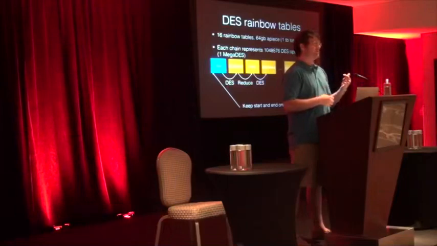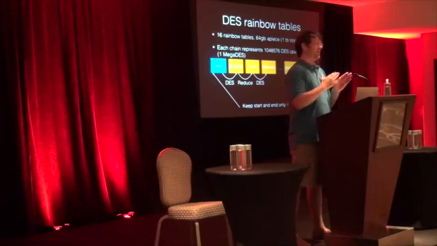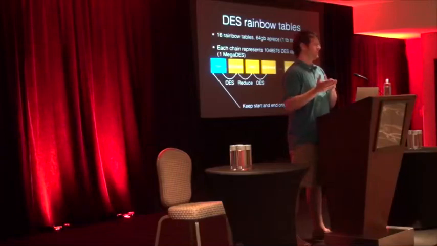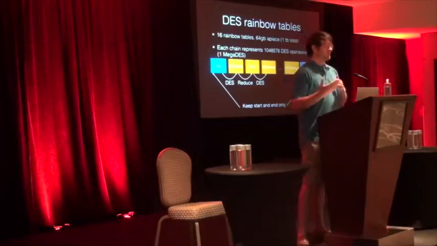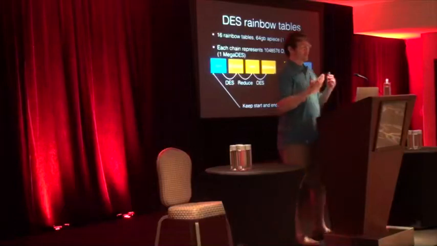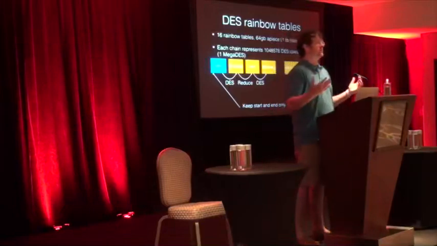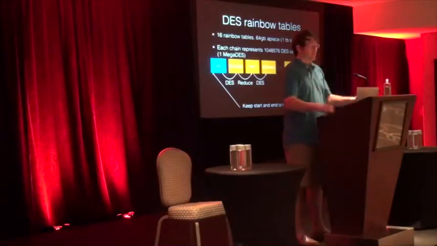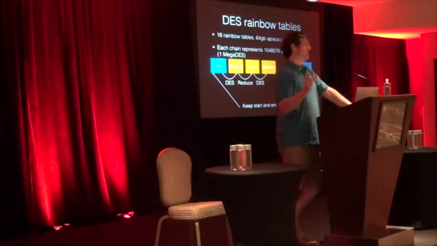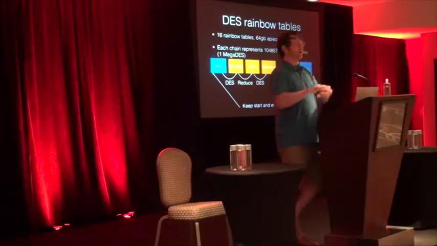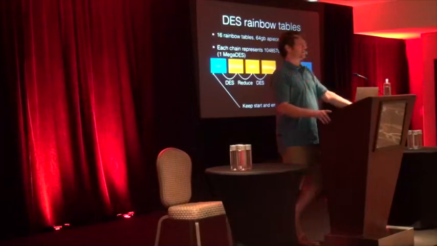You encrypt 0 with that, which will produce an 8-byte, 64-bit ciphertext. So you reduce, with a reduction function, that 8-byte ciphertext into a new 7-byte key. And that's your first intermediate value. You're then going to use that intermediate key to do the encryption again. So you do this a million times, binary million times, and you produce an end value. Then you throw away all those intermediate values, you keep only the start and the end, and that's one chain.